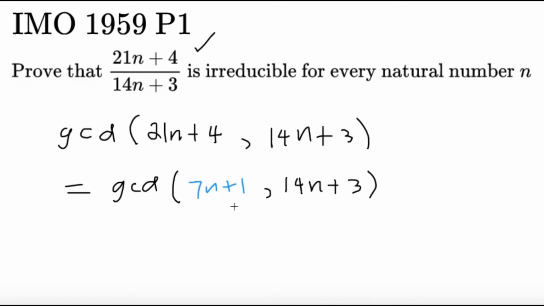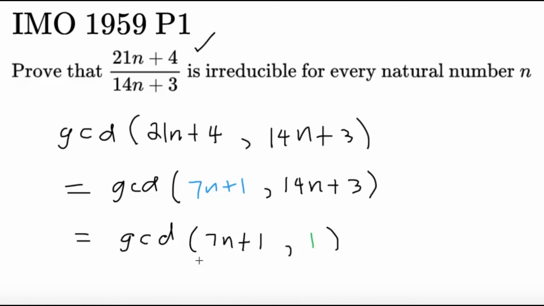So I'll subtract 7n plus 1 two times from 14n plus 3, for example. So the GCD of, well, 7n plus 1 remains 7n plus 1. And if I subtract 7n plus 1 two times from 14n plus 3, essentially I'm subtracting 14n plus 2. And 14n plus 3 minus twice of 7n plus 1 is equal to 1.